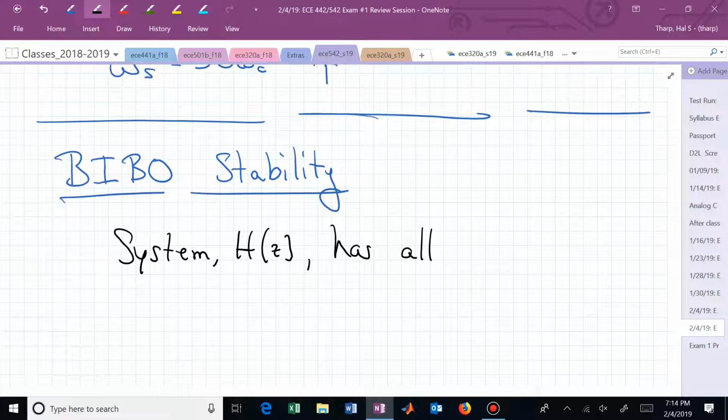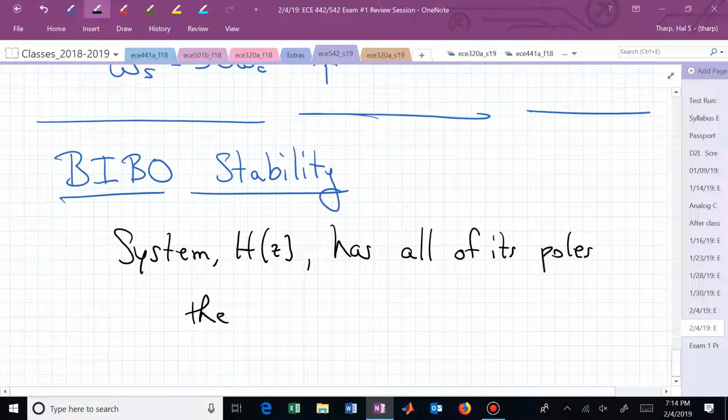The system, H of z, has all of its poles where relative to the unit circle?